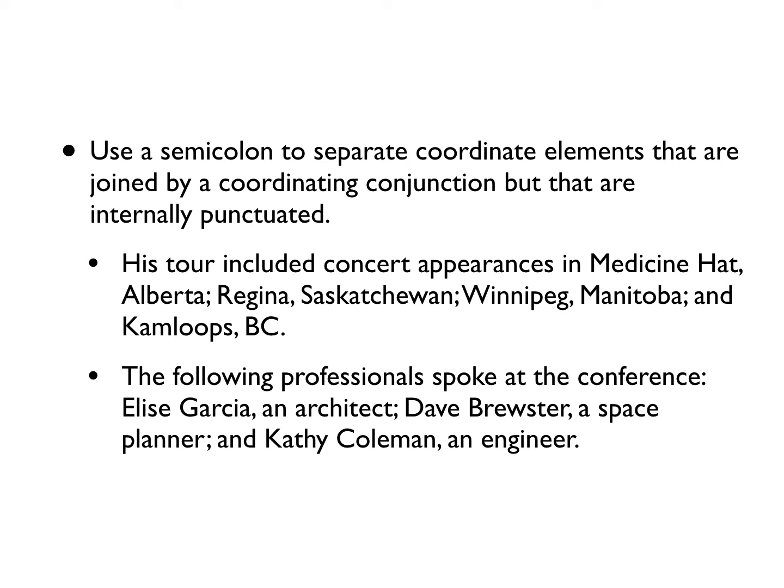But we need that internal punctuation within each element so that it's not just a bunch of mangled words. If we didn't have a comma between Medicine Hat and Alberta, it would be really hard to tell what's going on. Alternatively, if we just had a whole bunch of commas and no semicolons, it would also be hard to tell what was going on because it would feel like we had 8 elements instead of 4.